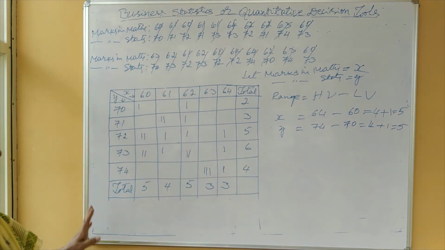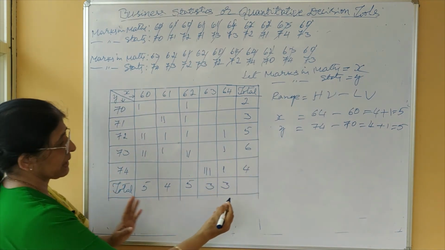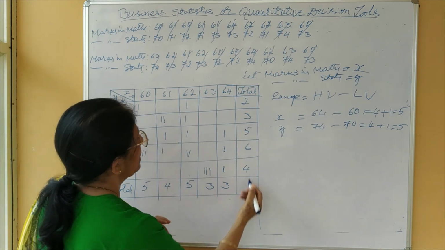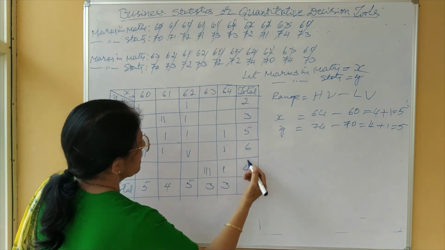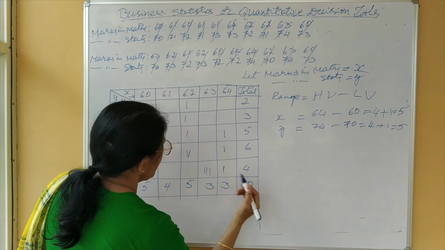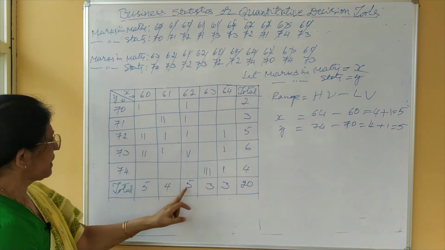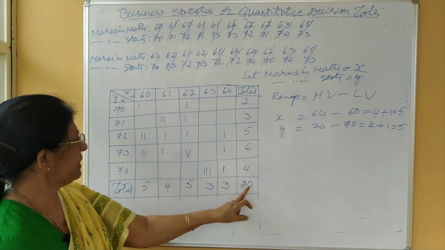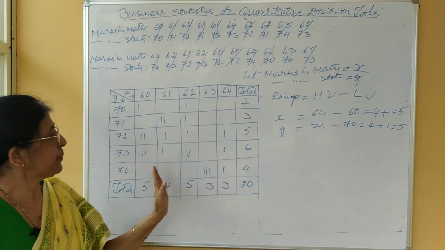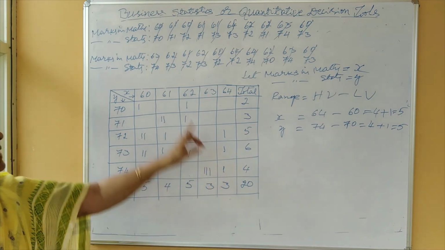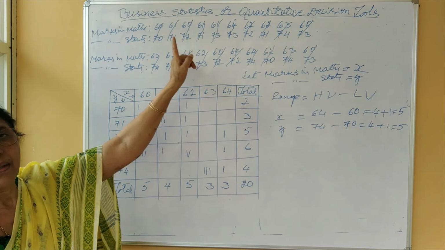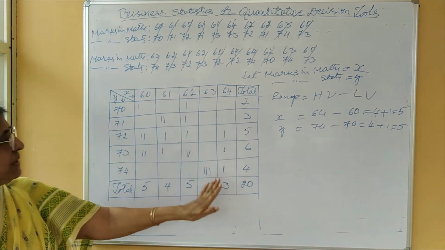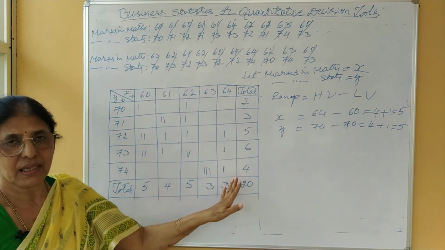Now when the totals on both sides are taken, we take the grand total. Here 5, 10, 16, 20. Here 10, 14, 17, 20. The total on both sides should be the same, 20. Here also these are the marks of 20 students, so your table is right.